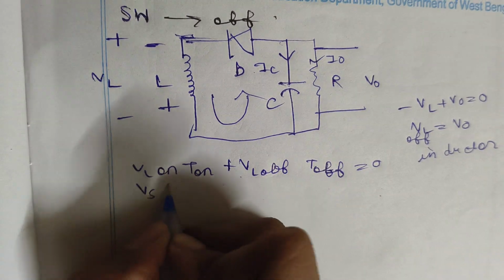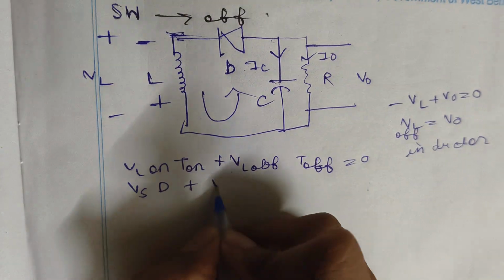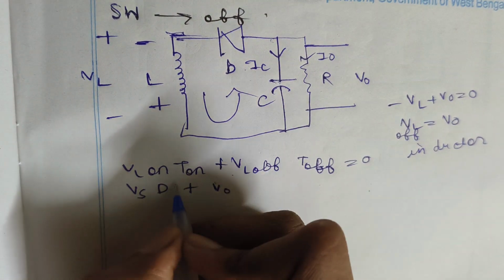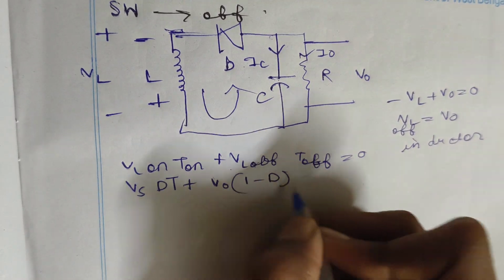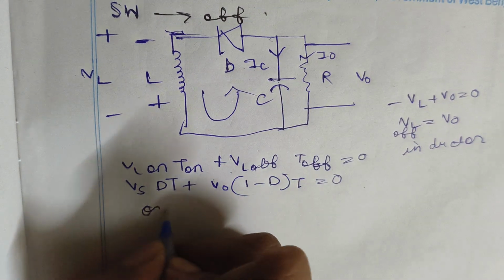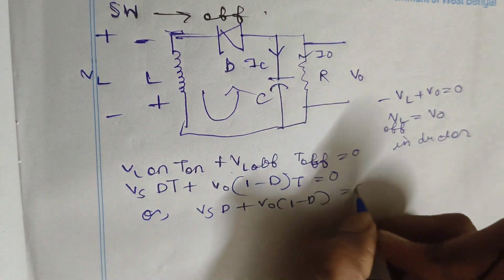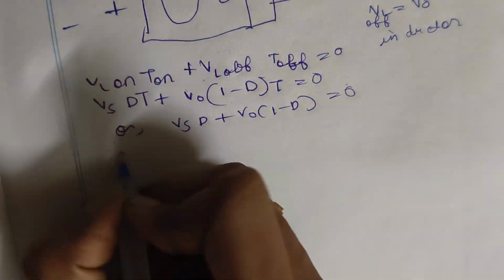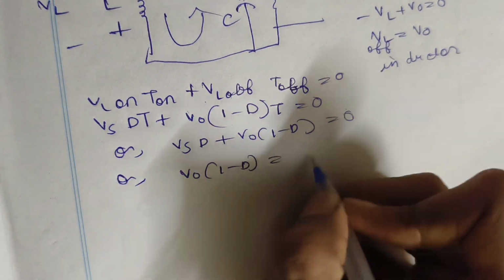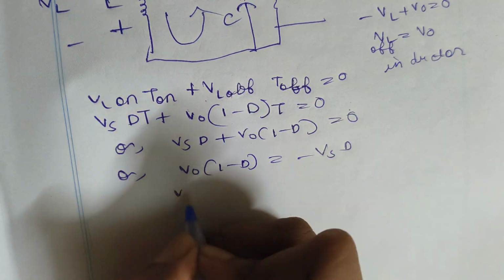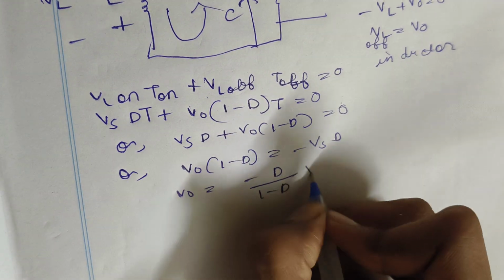So VS into D plus VL off, that is V0 into T off, that was 1 minus D into T, equal to 0. T gets cancelled, so VS D plus V0 into 1 minus D equals 0. Or V0 into 1 minus D equals minus VS D, or V0 is equal to minus D by 1 minus D times VS.